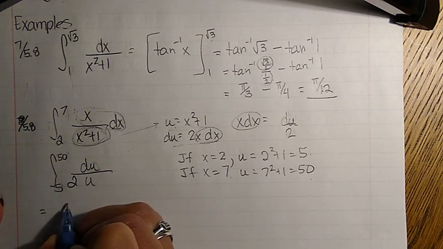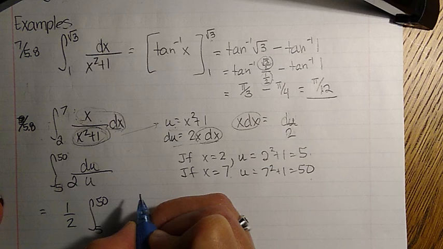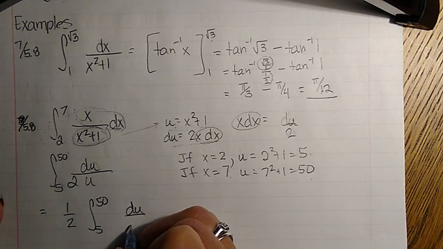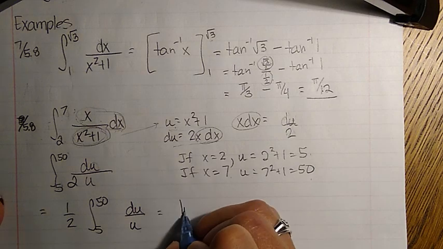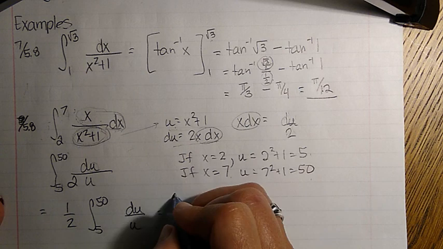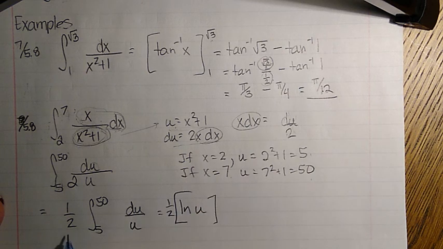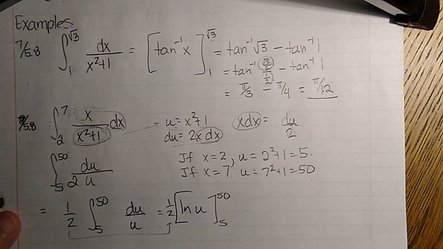So this is equal to 1/2 integral from 5 to 50 of du over u. And do you recognize that form? That's the one that is the natural log of u. And I'm just transferring that 1/2 out front. My limits of integration, 5 to 50.